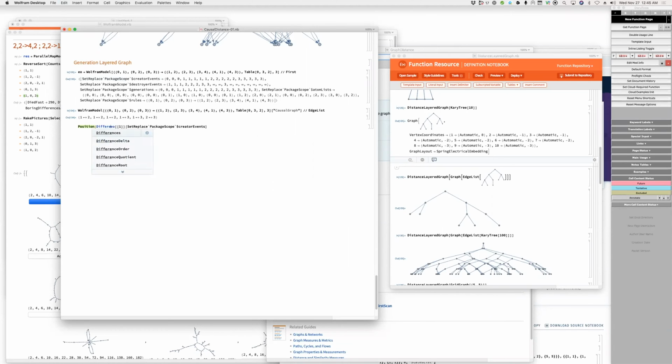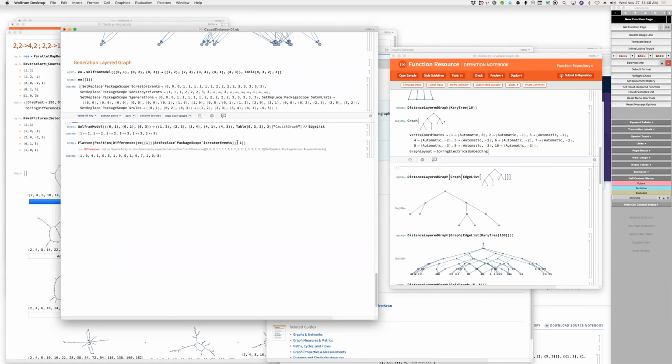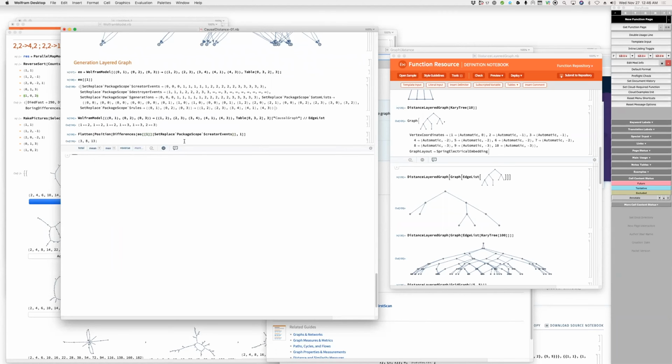Differences. Position of ones. Flatten. Okay.